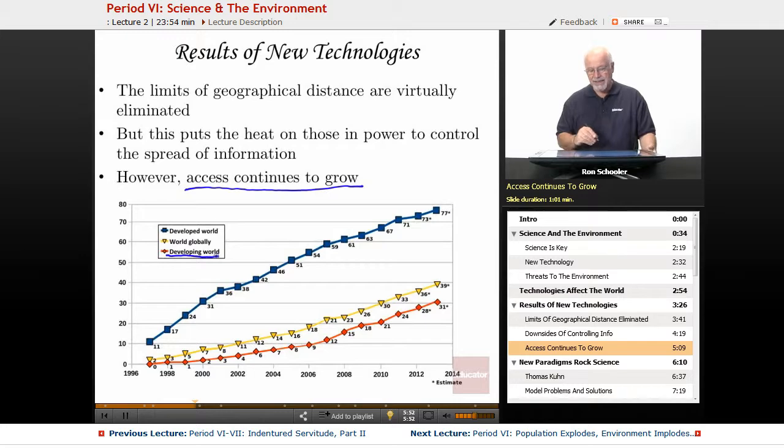Okay, but all of these lines, and the yellow one is the average, are going up and going up regularly. So we are seeing growth in the ability for people to contact each other and break down geography.